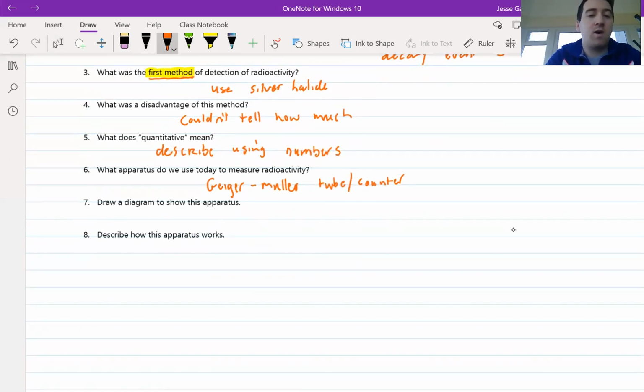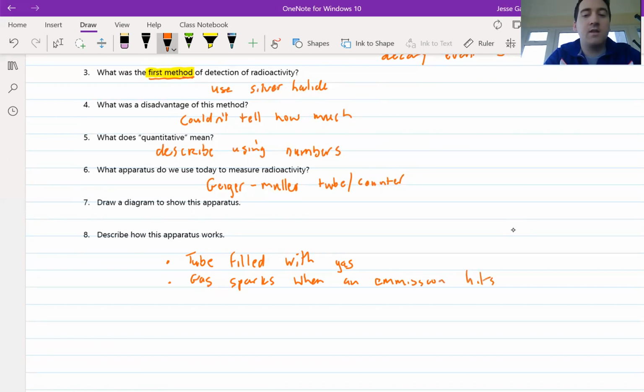To describe how it works, we've got a tube filled with gas. That's the first step. The gas sparks when an emission, which is a particle kicked out of a nucleus, hits the inside of the tube.